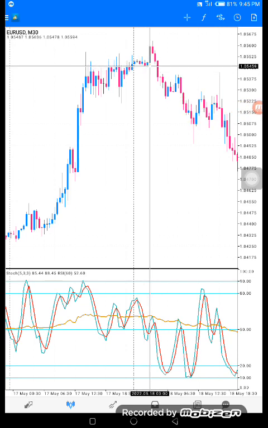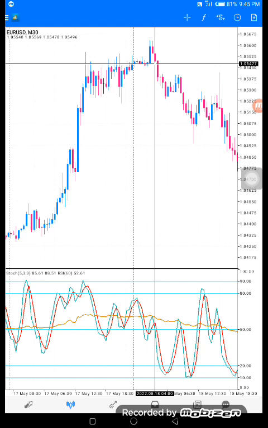You can always take out some profit, or if you want to hold, you hold your trade. If it does not go as you expect for the stochastic to hit your overbought level, then it will come down, and it will close you at a minimum negative.